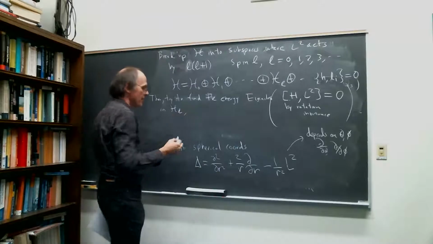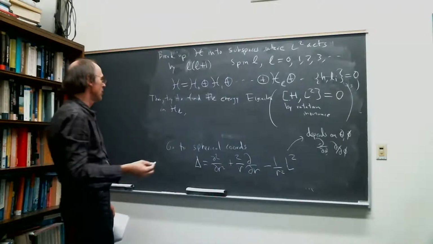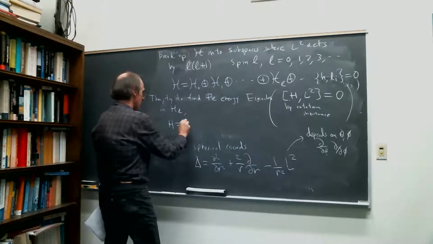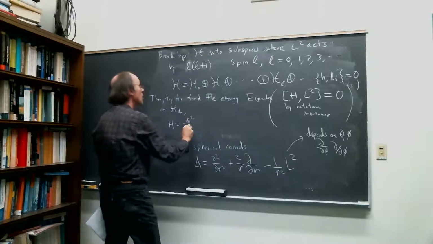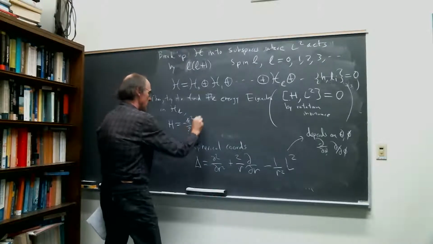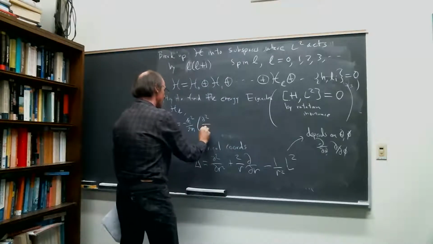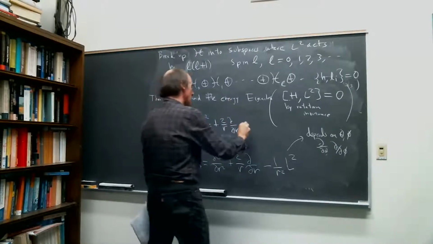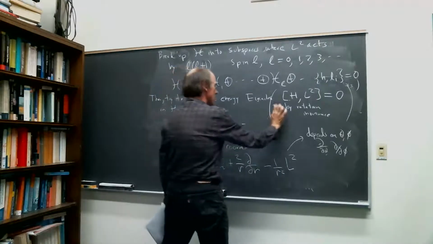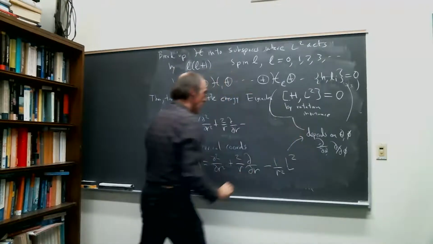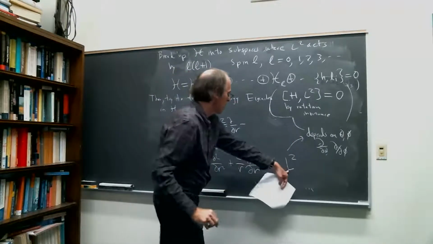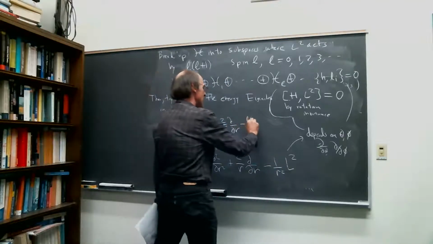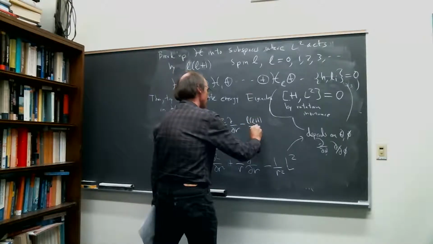And so then what you end up doing is saying that H is minus ħ over 2m, and then this guy, minus, but now we know that when we're in the subspace, we know how L squared is going to act. It's going to act by L times L plus 1 over r squared.